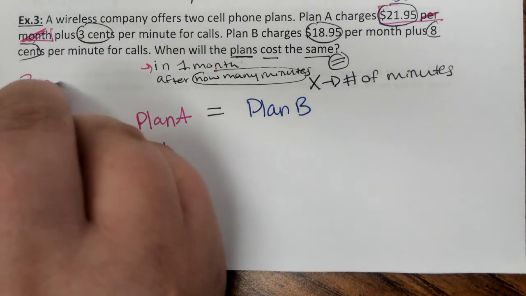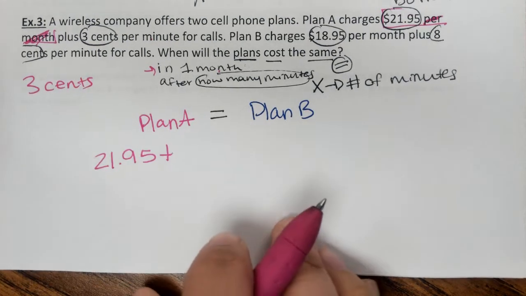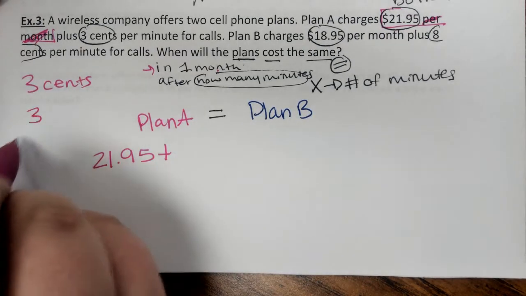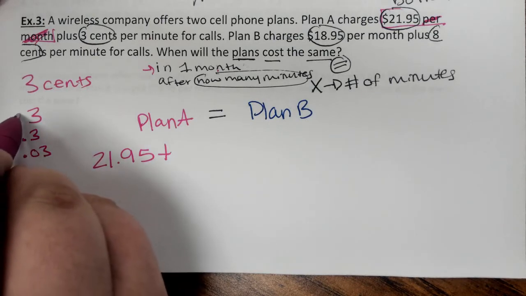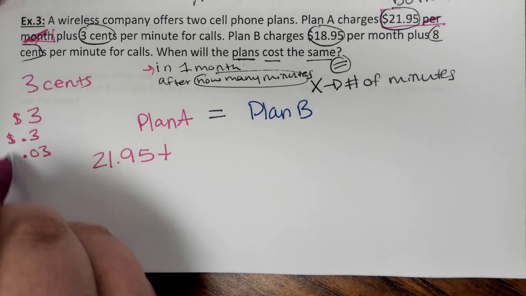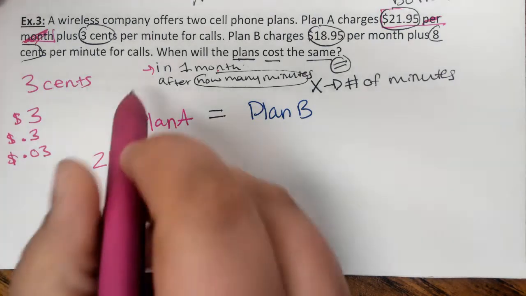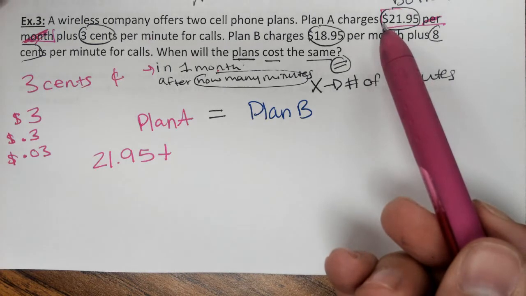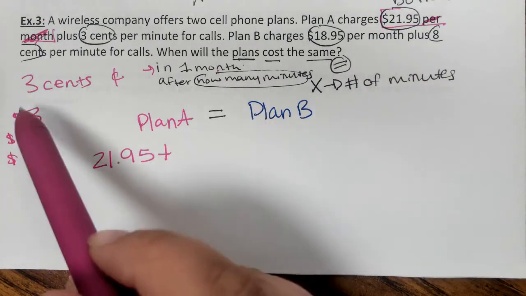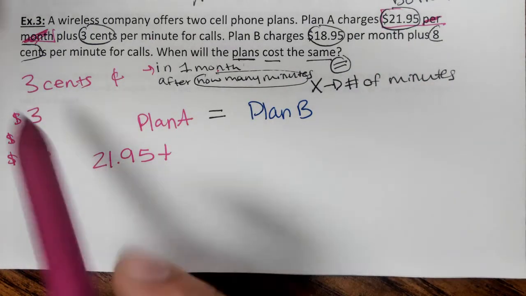To write 3 cents, let's talk about this. We're talking in dollar amounts, so I can't just write 3 with the cent symbol because this term had a dollar in front of it, so I have to have dollars in front of whatever I'm going to put for my cents.